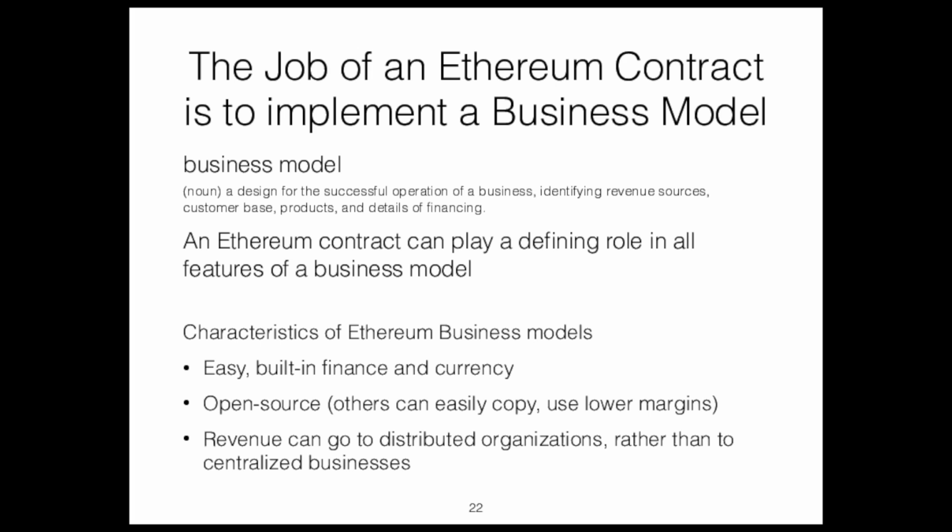Please. You were talking about Bitcoin in the context of disruption and you moved to Ethereum. That's right. So you were setting up the context that Bitcoin is a disruption, and then you moved to Ethereum. Just wanted to clarify, the first two seem to be features of Bitcoin too. Is the third one the unique thing between Ethereum and Bitcoin? No, actually I'm talking about the next slide. So is the third feature, distributed organizations, the revenue going to the distributed organization, does Bitcoin also have a similar feature, or is it unique to Ethereum? Yeah, so there's all three of these.